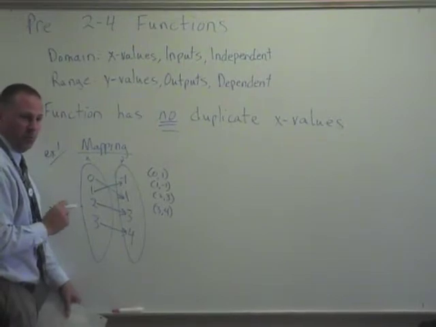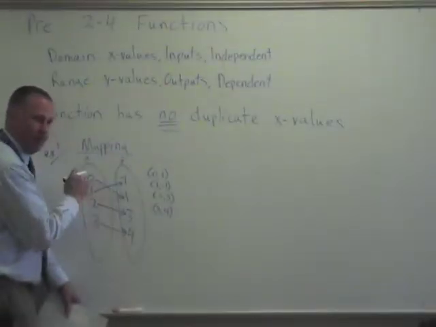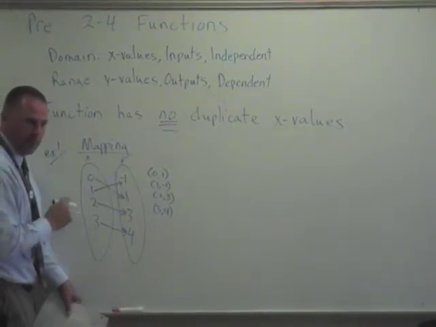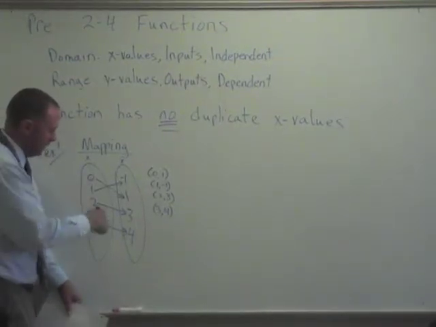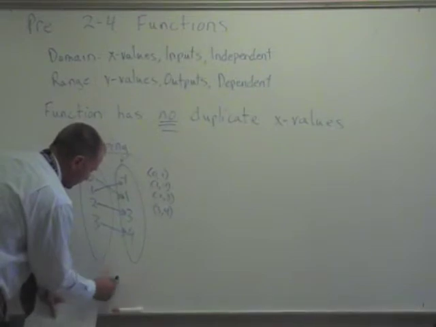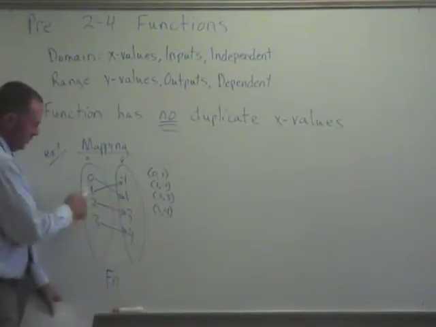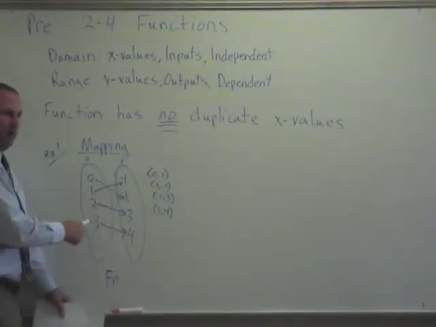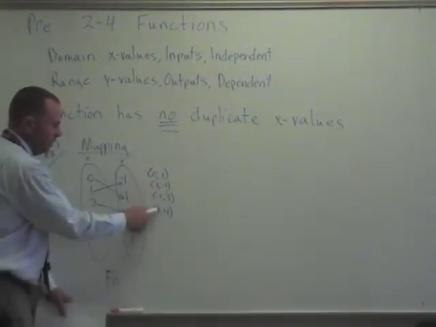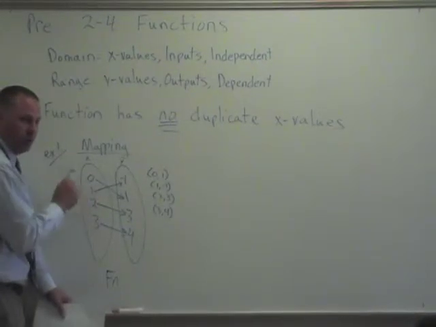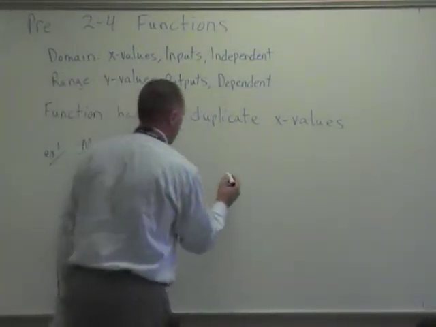Which one goes with which one. So this is what mapping looks like. Now, this is a function. There are no duplicate x values. If there were duplicate x values here, you would only have one on this side, but you would have two arrows coming from it, like this.